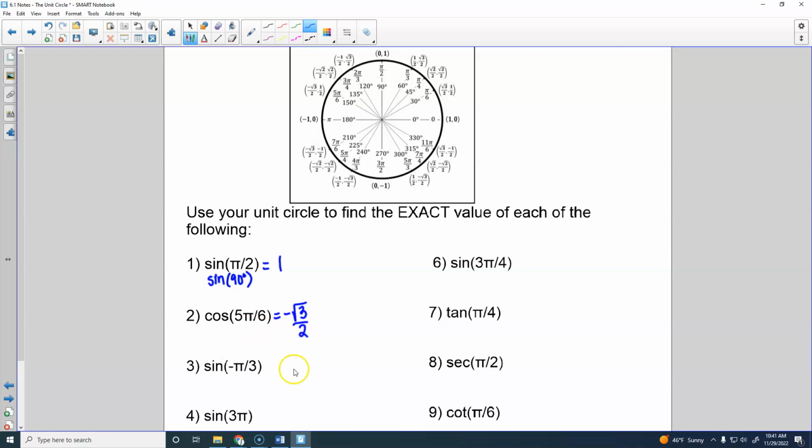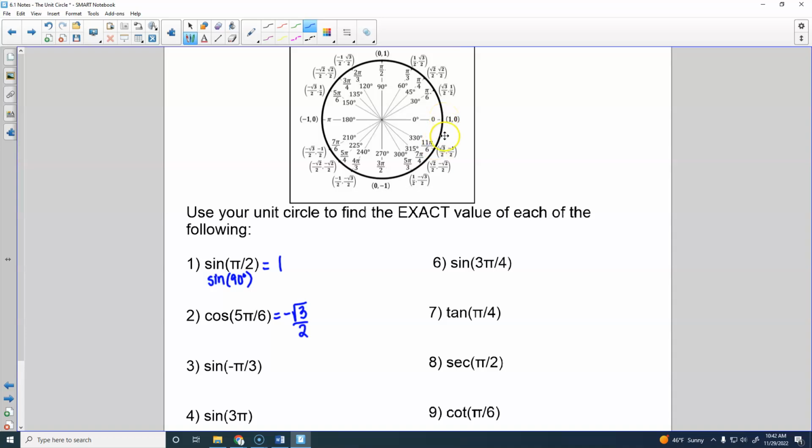Okay, so 1 and 2 are really straightforward because they are on the unit circle. 3 is not. Negative pi over 3 is not anywhere on that unit circle. So you have 2 options on how to deal with things that are not on the unit circle. If you are a very visual person, the unit circle goes in the counterclockwise direction.